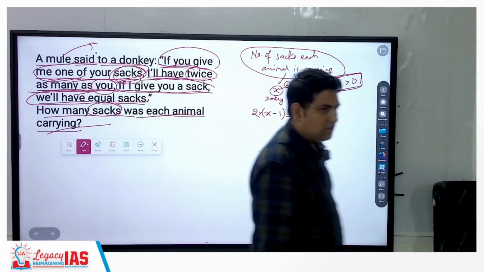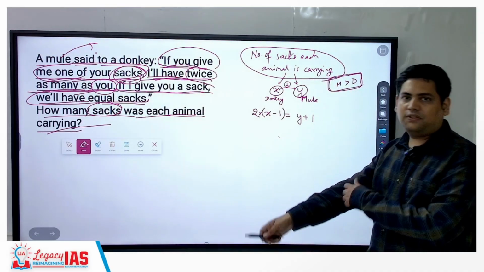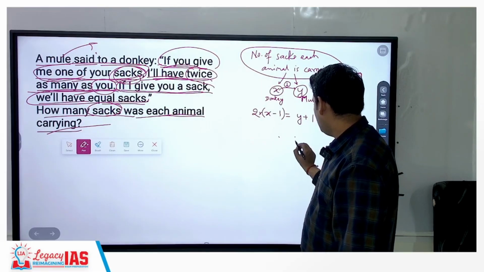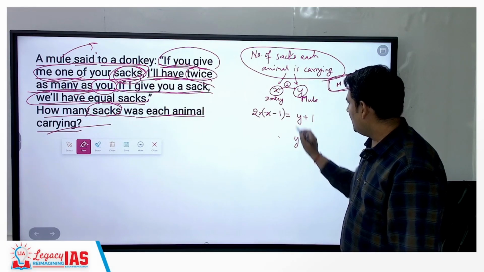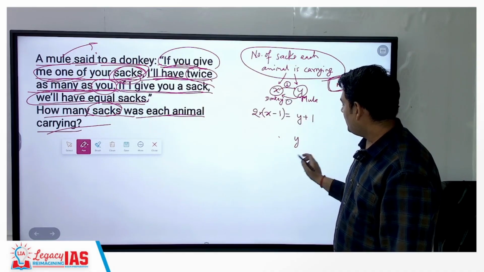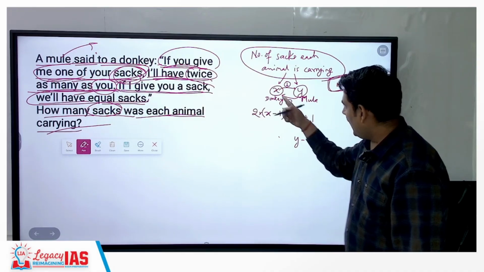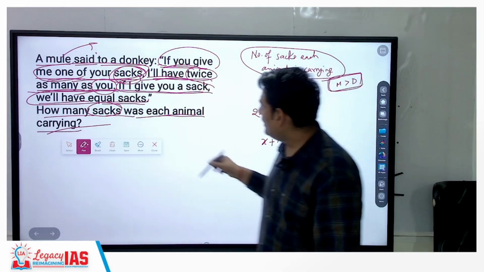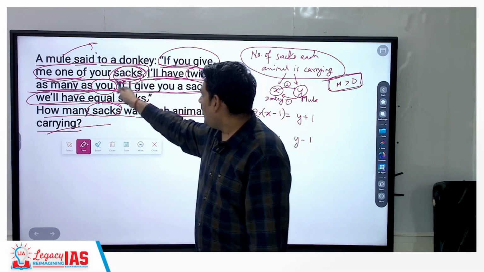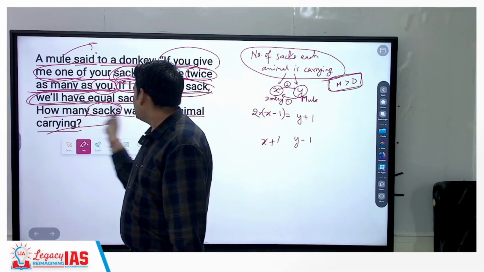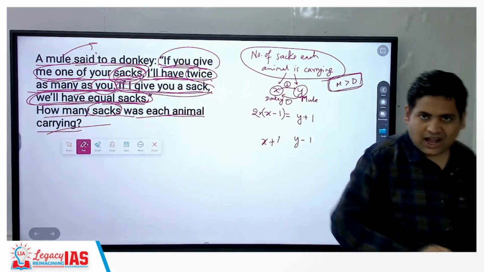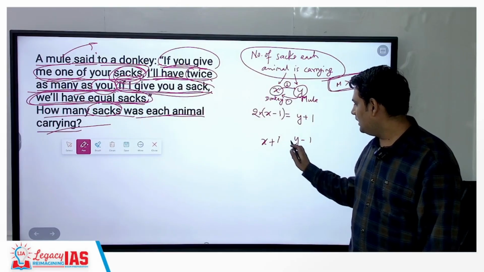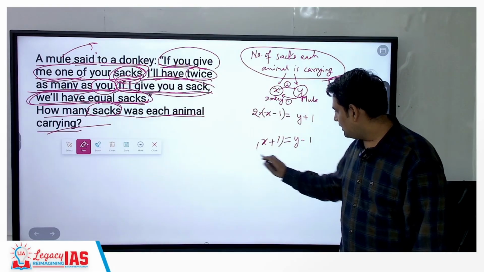Now the mule is saying, if I give you one of my sacks, which means if the mule gives it. Initially he had Y. Now if he gives him one, he'll have Y minus 1 and the donkey will start having 1 more. Now in this condition, he says if I give you a sack, we'll have equal sacks, which means this is simply equal.